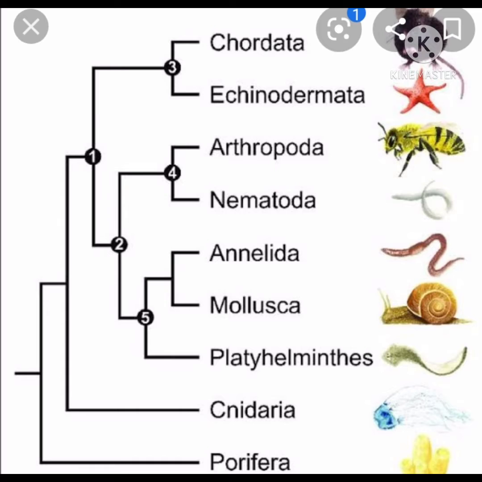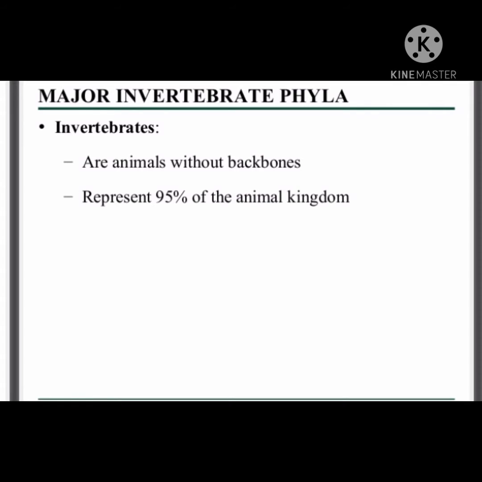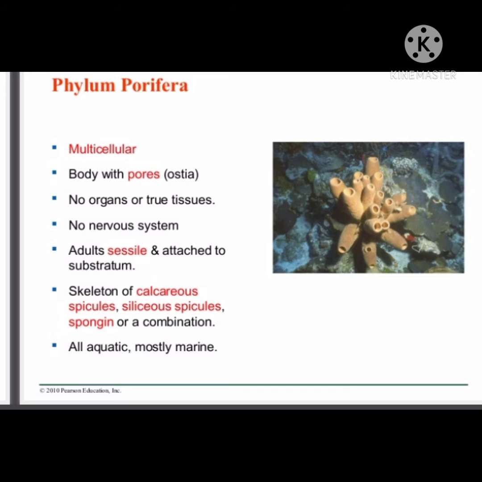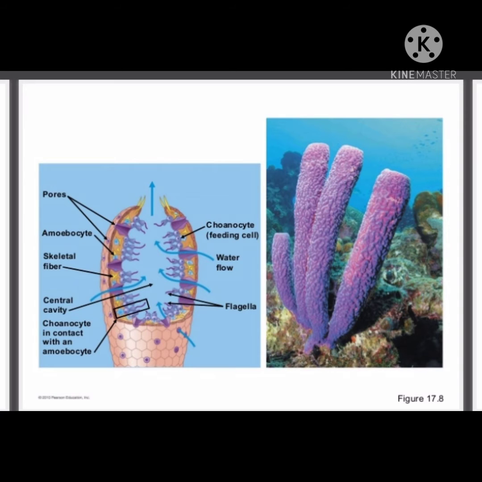First one is the phylum Porifera. It includes the pore-bearing animals, commonly called sponges. All the sponges are aquatic, and these are the simplest multicellular animals with cellular differentiation only. Sponges have a special canal system, and with the help of this canal system, water can move through the spongocoel or the body cavity.